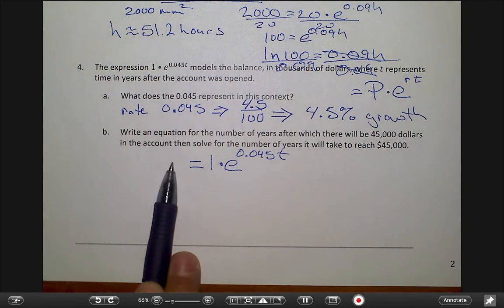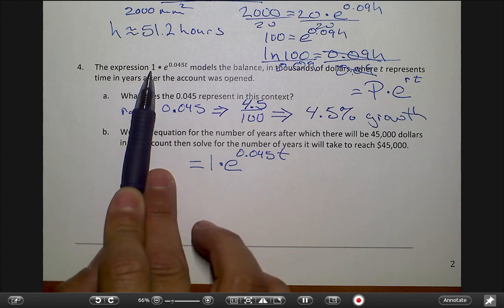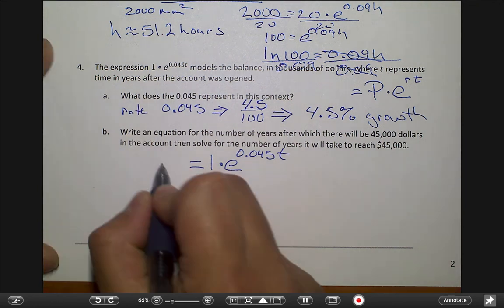I'm not going to put 45,000 here. What am I going to write? Rafa, what am I writing here? And I know it has nothing to do with your cell phone. I'm not writing 45,000. 45. Just 45. Why am I just putting 45? Each one of these represents 1,000, right? Good. So I'm going to put 45 here.